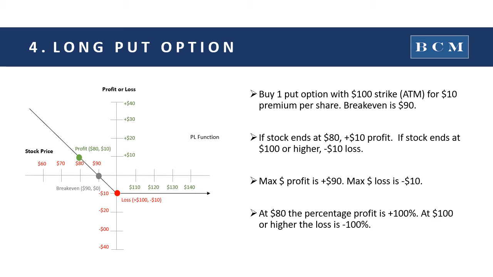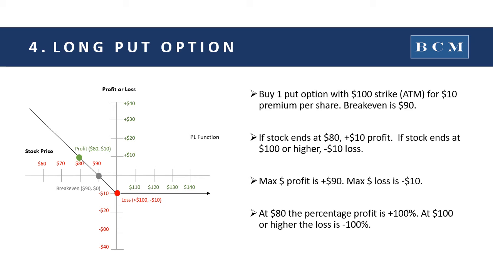This put gives us the right to sell stock at $100. Now, because buying a put is really buying the right to sell, a long put is really a short position. That can be a little confusing because we're calling it a long put, but just think of it as buying into a short position. That's really what it is.